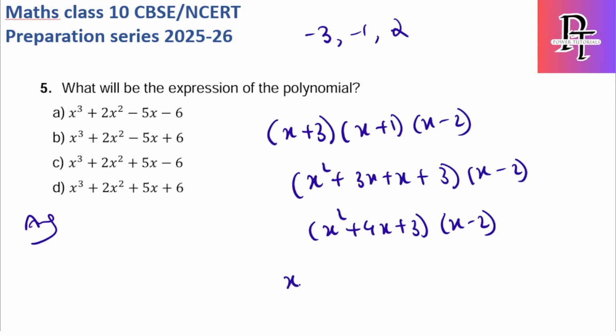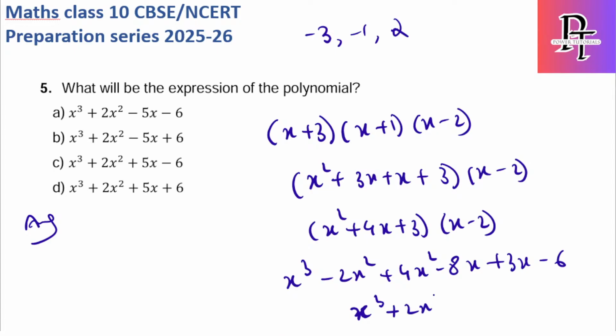So this becomes x cube minus 2x square plus 4x square minus 8x plus 3x minus 6. So this becomes final answer x cube plus 2x square minus 5x minus 6. Answer is here.